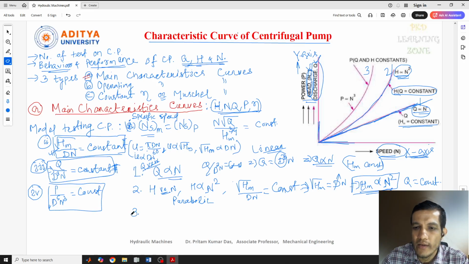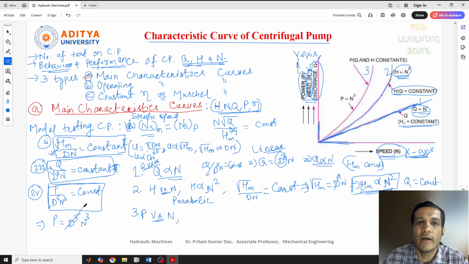So what is the third one? The third one gives the relation between power and speed. So this equation is power versus speed. In the power versus speed, again I need to come back to this equation. In this equation, the same thing I can write here. From this equation I can write P equal to D to the power 5 N to the power 3 times rho.